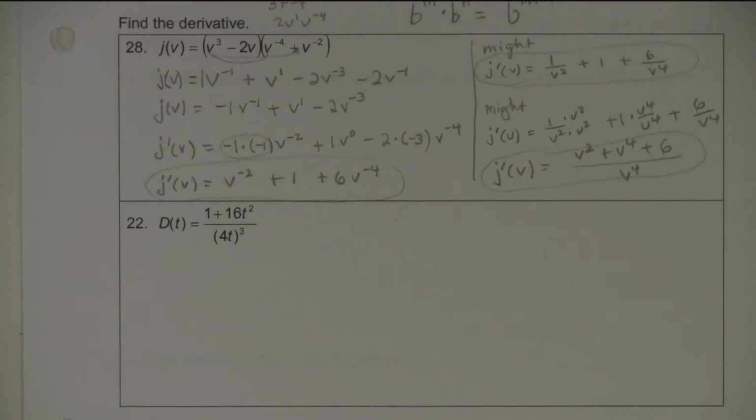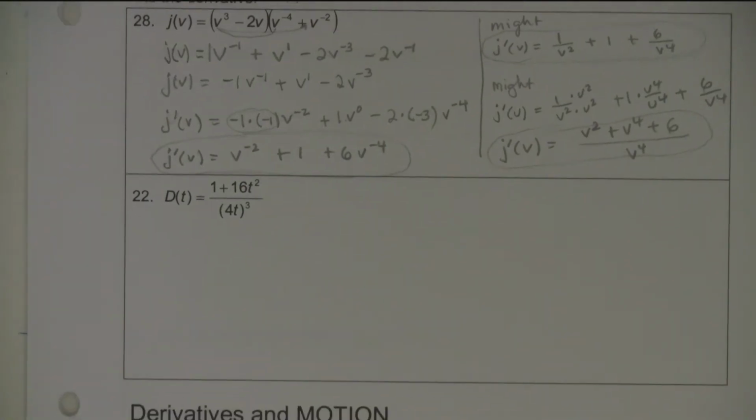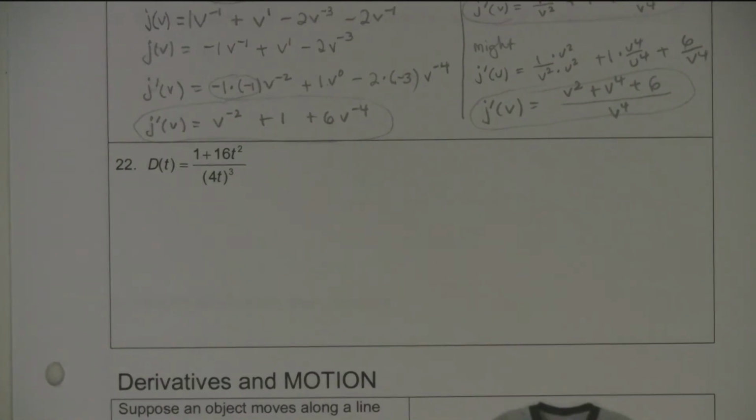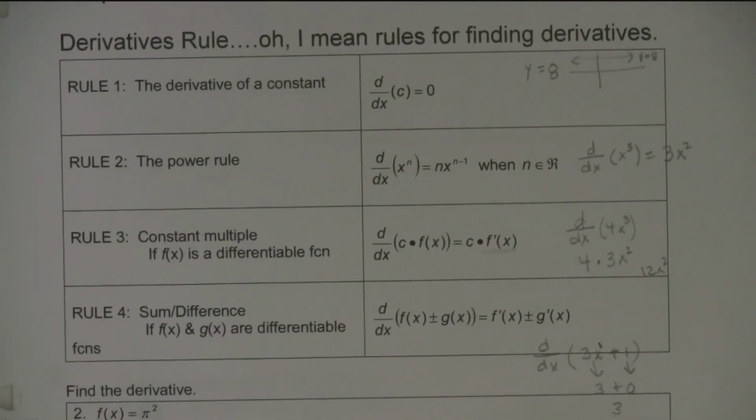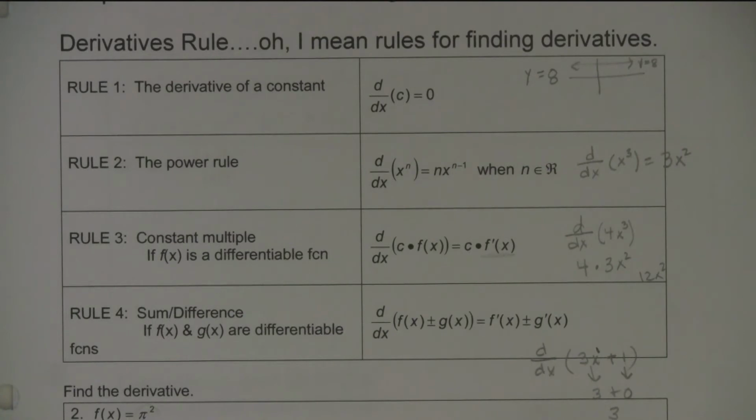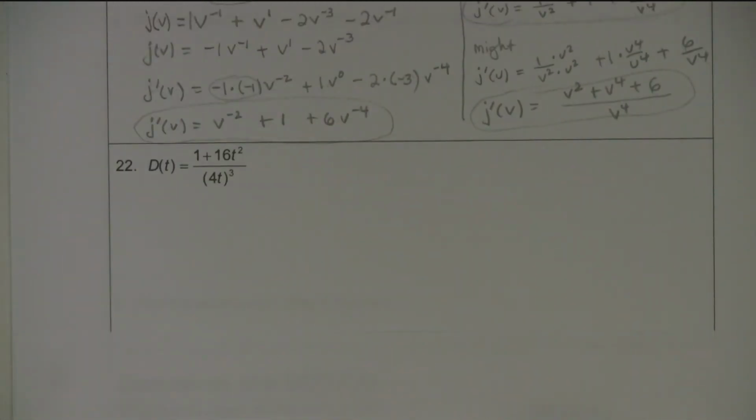Okay, this is problem 22. And problem 22 has this division in it. And you notice that there was not a rule, right now anyway, for how to find the derivative of a division where you have a polynomial in the numerator and a polynomial in the denominator.